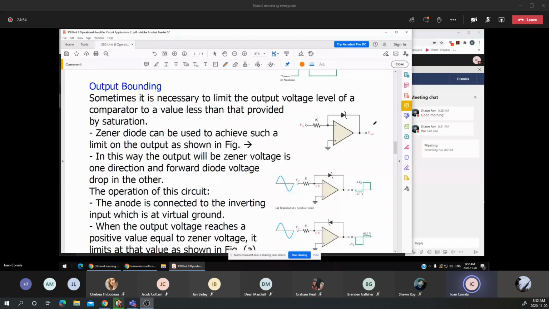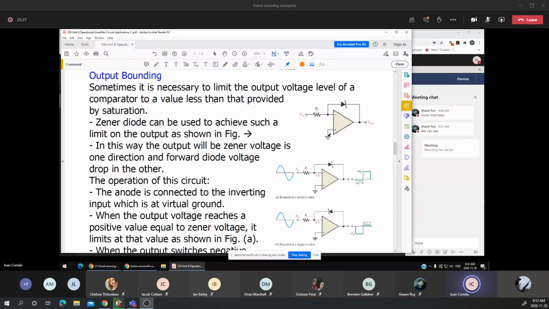In some applications, when the output voltage is required to be limited to 5 volts, 10 volts, 8 volts, any of these values, we can use a Zener diode connected in the negative feedback of the op amp, which means that the positive, non-inverting input of the op amp is grounded.